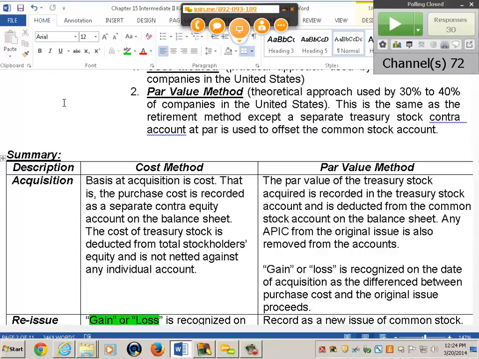If the paid-in capital account doesn't exist, additional paid-in capital from treasury stock, so if it goes to zero, then you debit the balance to get it to zero and then go to retained earnings, right? Because paid-in capital cannot be a negative balance. Retained earnings could be a deficit balance.